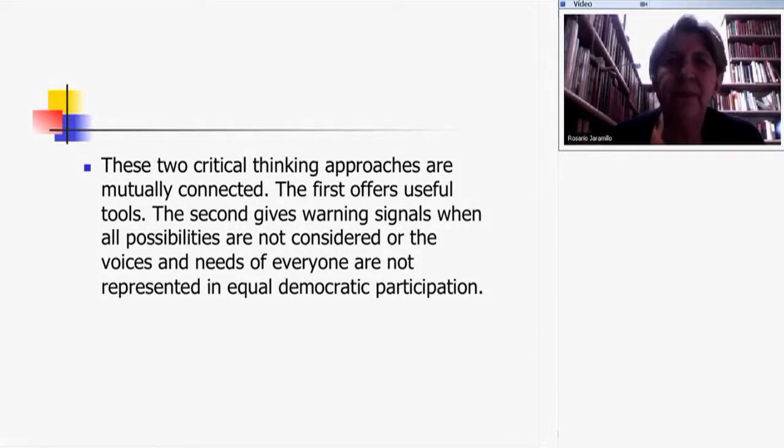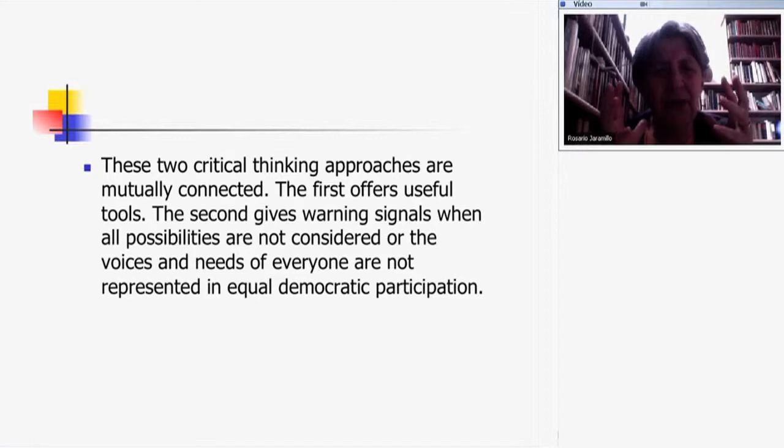These kinds of ideas where the important thing is to make sure that everybody is represented, that the voices of those involved in the decisions that are needed, a decision that will be powerful for all, are heard.